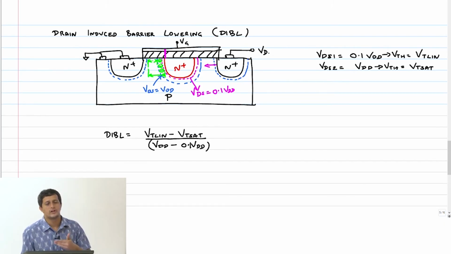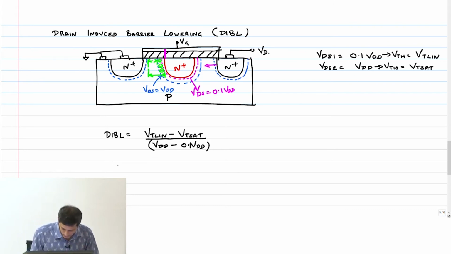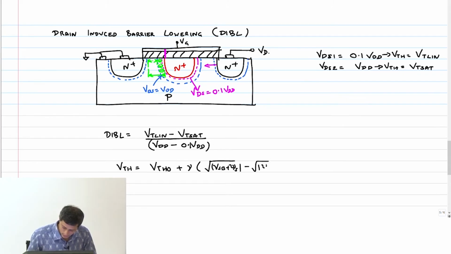The threshold voltage gets altered because of this. So the VTH will become like VTH naught plus gamma times root of VSB plus psi s minus mod psi s, right?